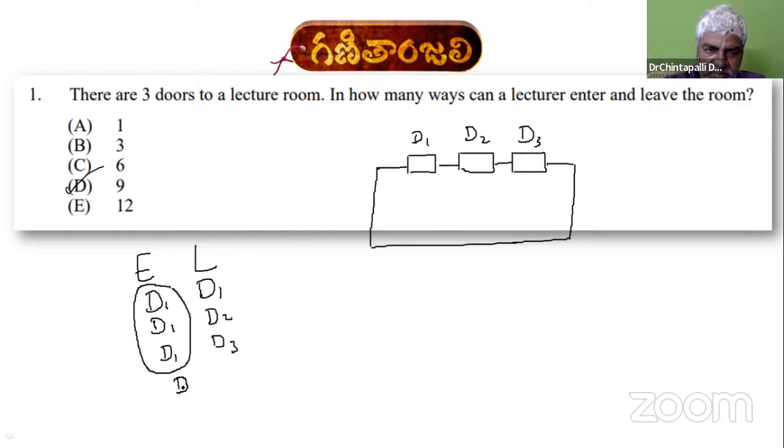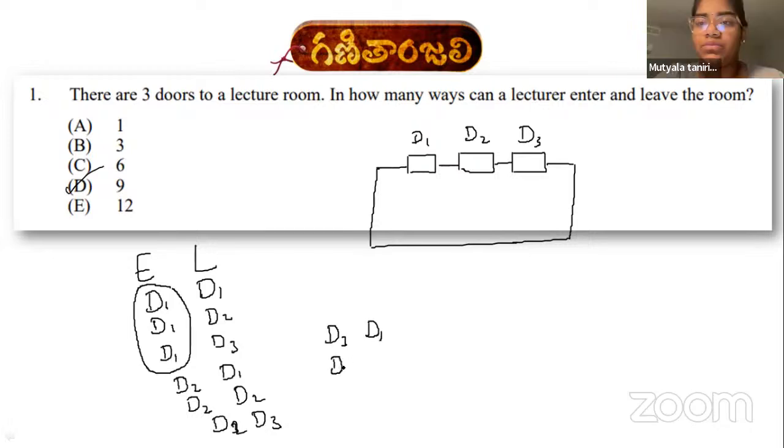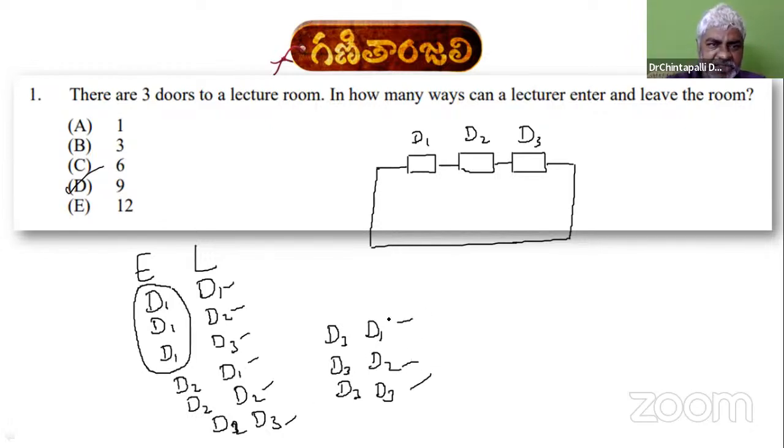Now D2: D2-D1, D2-D2, D2-D3. Next, D3: D3-D1, D3-D2, D3-D3. So totally how many ways are there? 9. Yes, your answer is right.